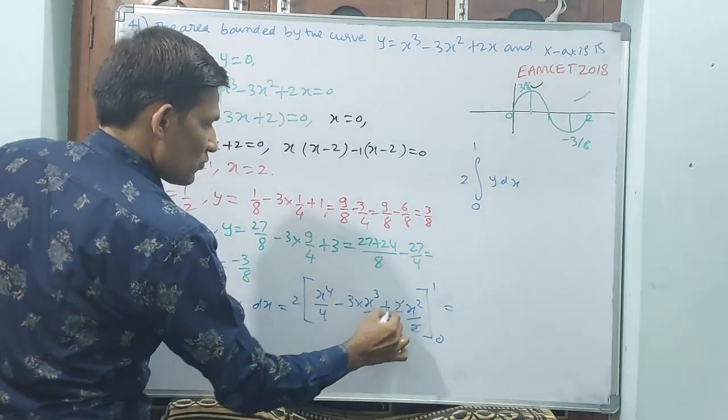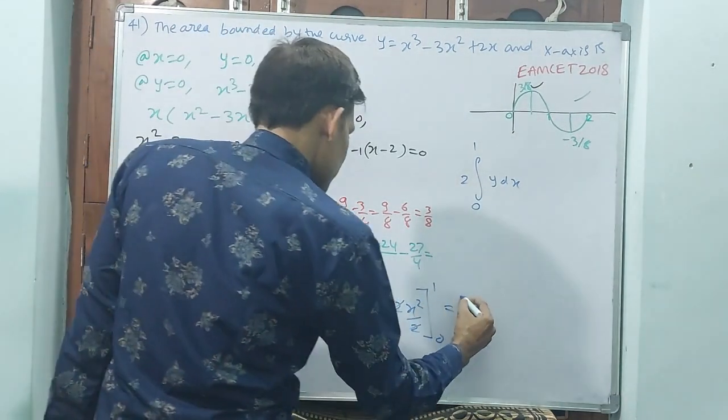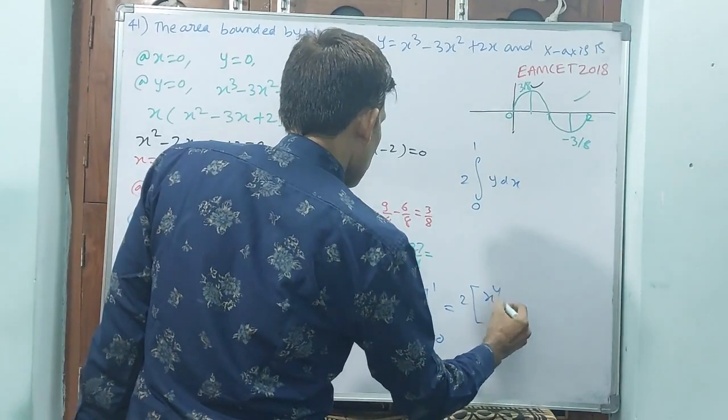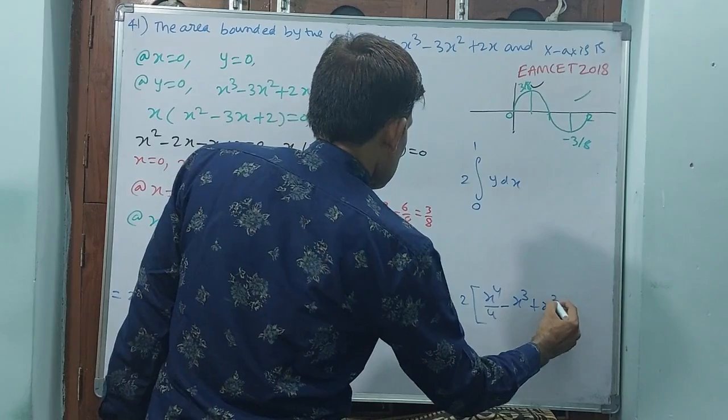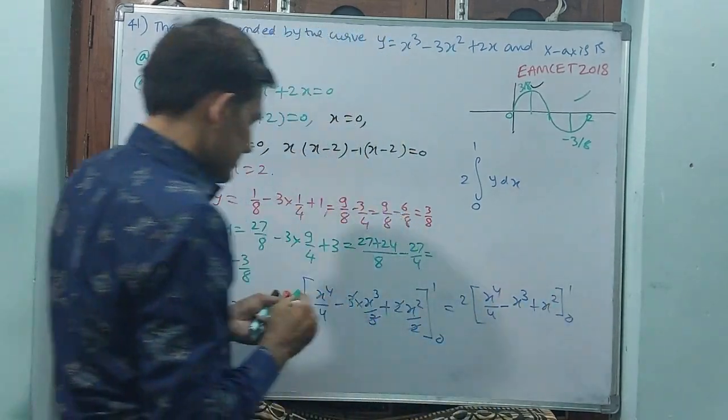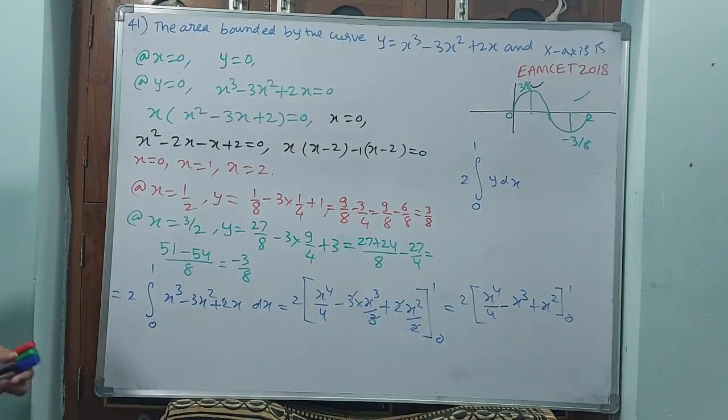That is equal to, you see, 3 and 3 get cancelled out. First you write 2 into x to the power of 4 by 4 minus x cube plus x square from 0 to 1. Okay, now you substitute, that will be your final answer.